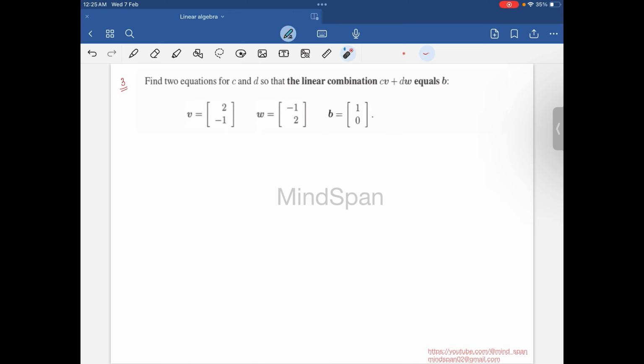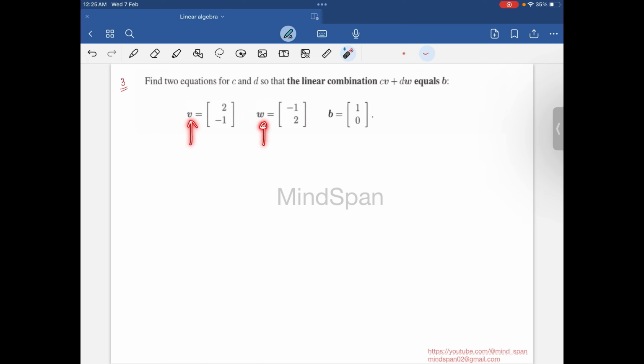So we have: find two equations for c and d so that the linear combination cv plus dw equals b. So you see we have been given these two vectors here, v and w, and we have to find a particular, a specific, a single combination.